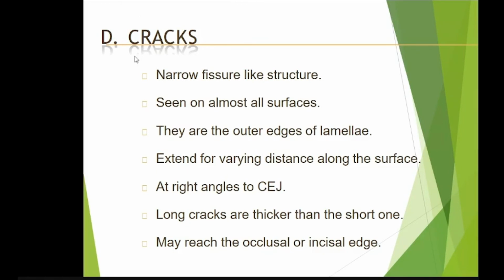At right angle to the cemento-enamel junction, long cracks are thicker than the short ones. دائما اللونج كراك تصير thicker من القصيره, and may reach the occlusal or incisal edge. هذا هو الكراك. الاوتر سيرفيس اوف لاميلي، كراك. والاكسترنال مانيفستيشن اوف ستريوفريزياس ظهر لنا بشكل بريكيماتا.